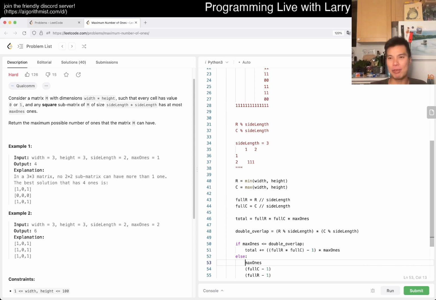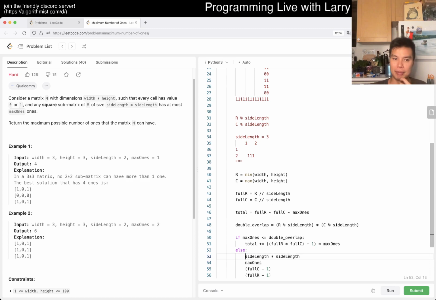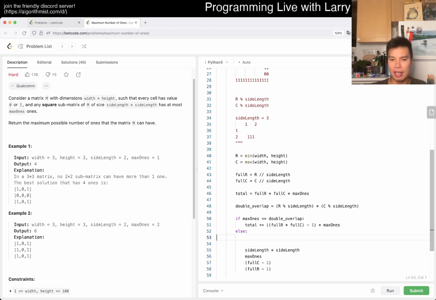All right, so basically we have side length, and, okay, I see. Side length times side length is the number of total spaces that we have to add, right? Or that we have space to add max ones. So all right, let's calculate this.